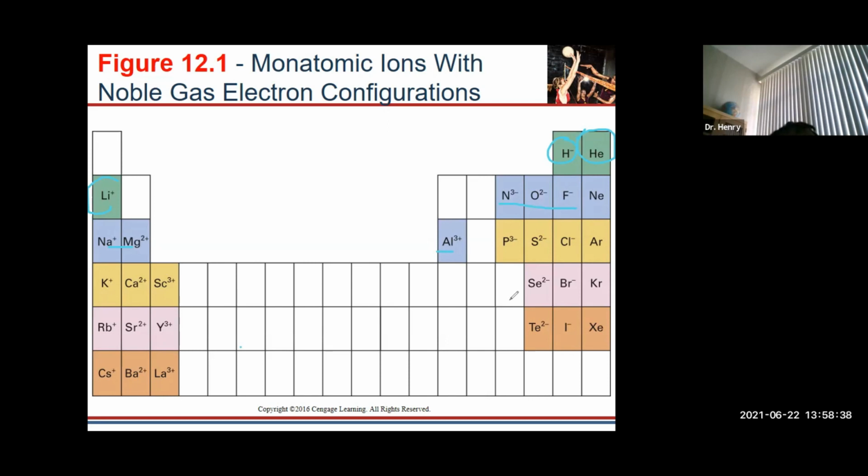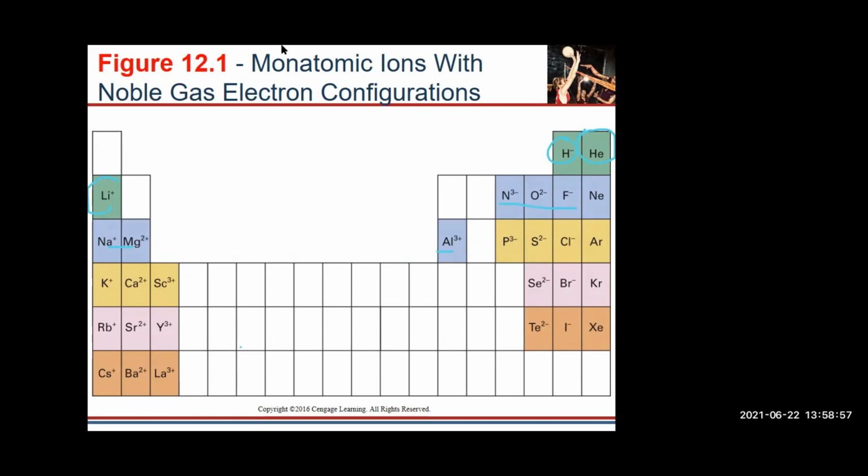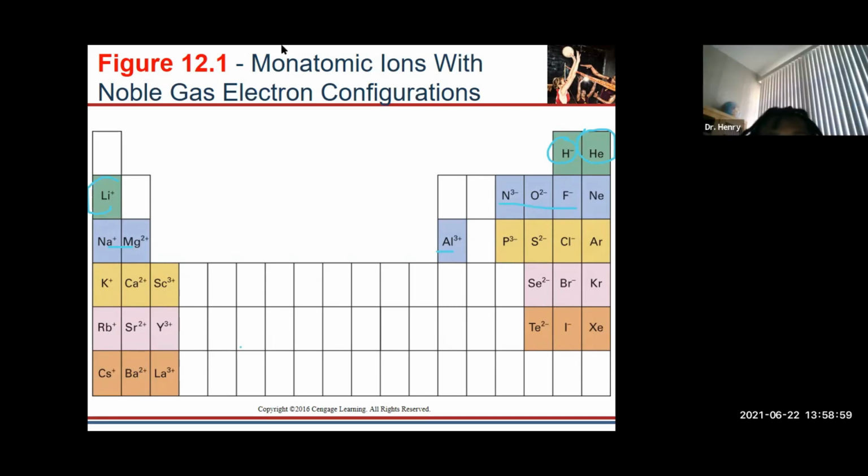But that doesn't mean they're going to have the same number of protons or the same number of neutrons. They're still different, because the protons and the neutrons are originally what they are. They're not changing. It's the electrons that are changing. Do you guys get that? I said they're still going to have the same number of protons that they normally have. Neon is going to have a certain number of protons. How many protons does neon have?